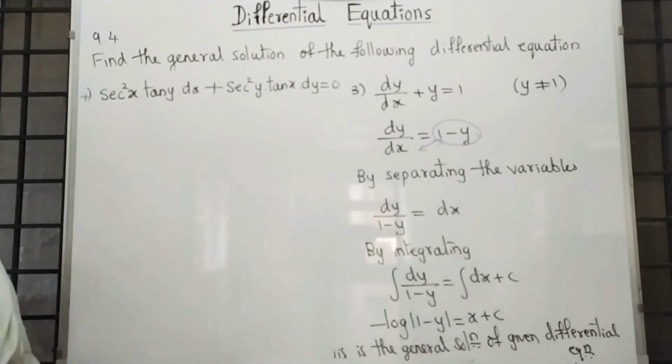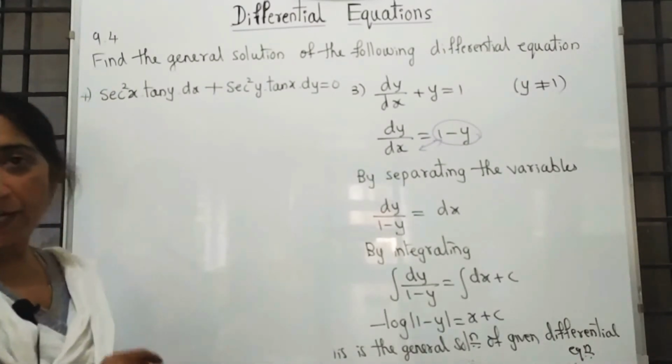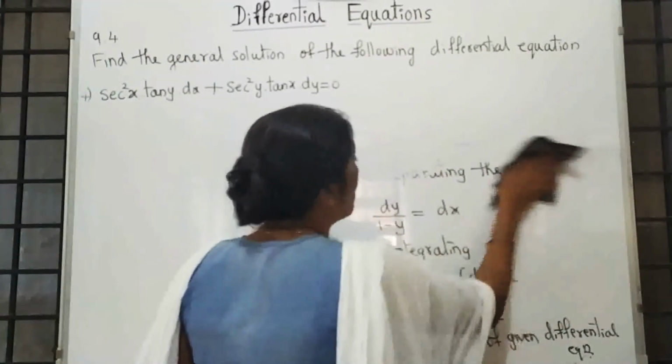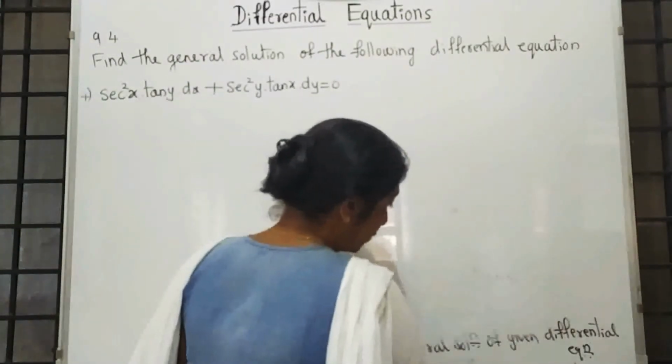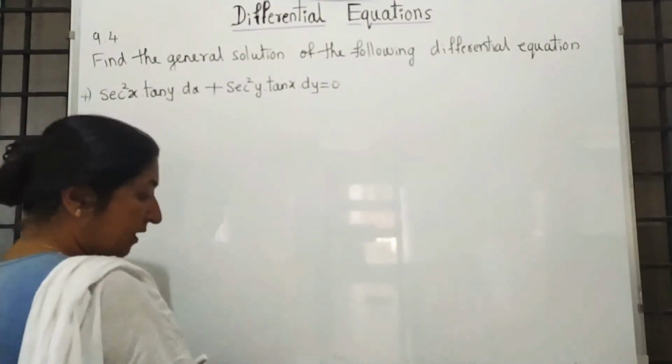Yes students, here I am giving you one interesting concept. See, already dy and dx are separated, that is one thing, and they are present in the numerator, that is also correct.